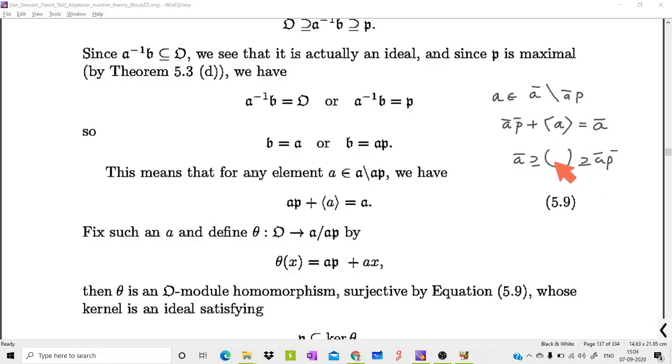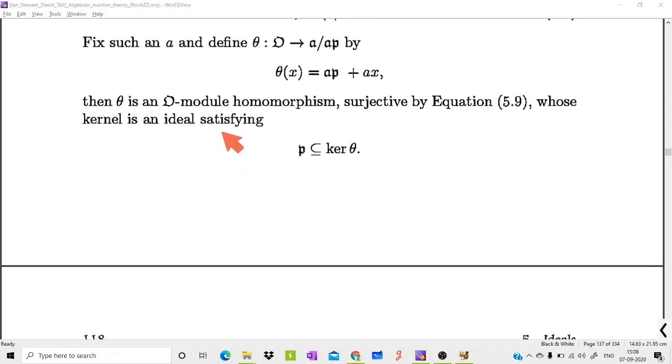Whenever you get an ideal here, that ideal should be equal to A or AP. But this ideal can never be equal to AP, because it contains at least one element a which is not in AP. So this will be equal to A. So we can write AP plus the ideal generated by a is equal to the ideal A.